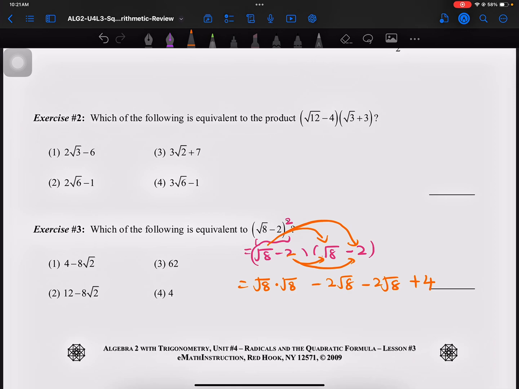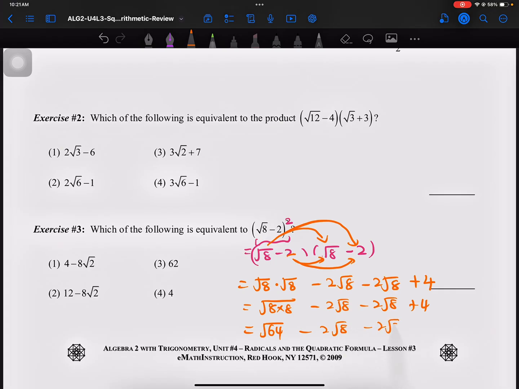If you multiply it together, it becomes 8. Then 8 times 8 minus 2. Copy back everything.